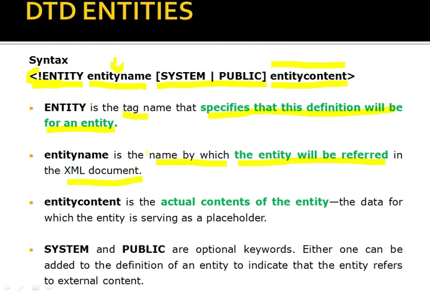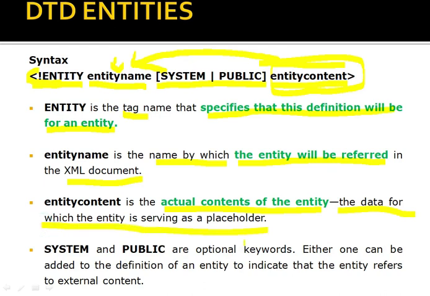Then we have the entity content, the actual content of this entity. When you use the entity name, it is replaced with the entity content, the data for which the entity is serving as a placeholder.